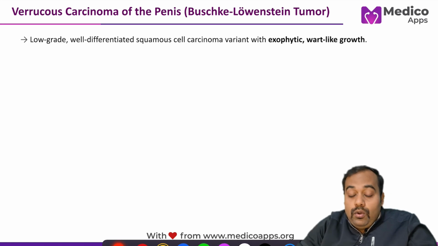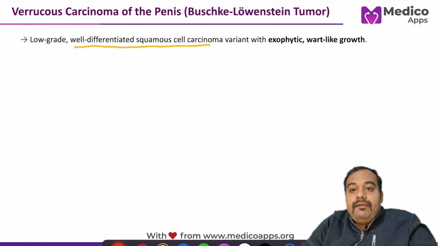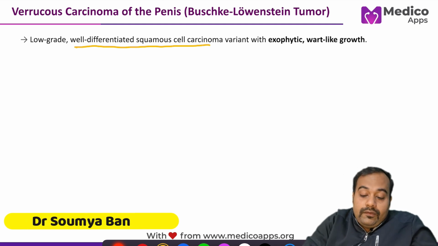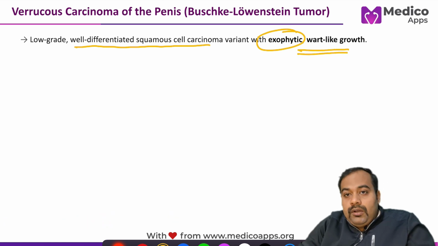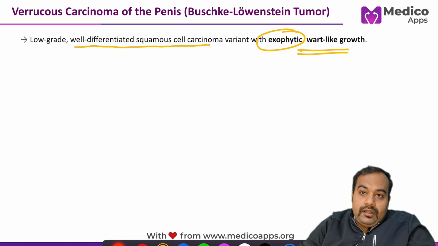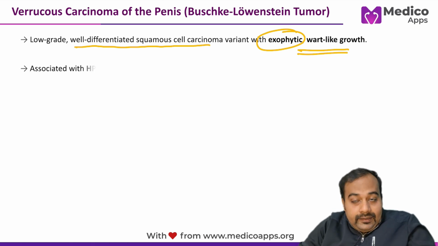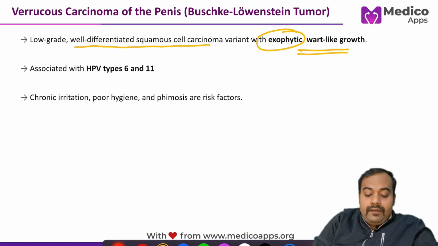These are low grade, slow growing, well differentiated squamous cell variants, and typically appear as an exophytic lesion or wart-like growth. This kind of cancer is associated with human papillomavirus infection, typically strains 6 and 11. The risk factors are chronic irritation, poor hygiene, and phimosis.